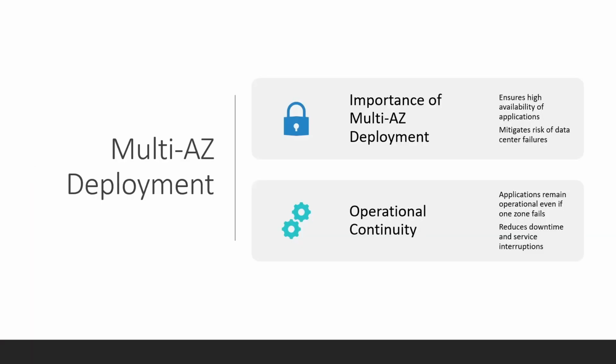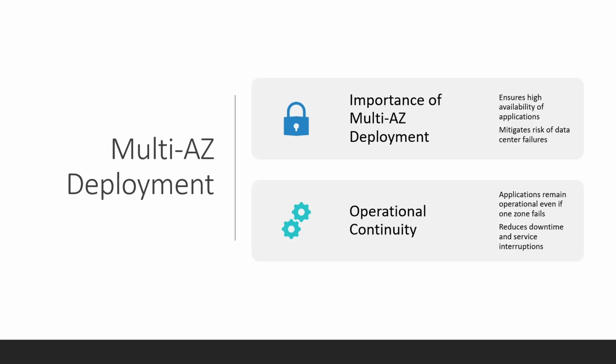So, what are some of the best practices that we can put in place to ensure high availability? The first would be to deploy our resources in multiple availability zones. Now, multi-AZ deployments in AWS are designed to enhance the availability and reliability of applications because they distribute resources across multiple availability zones, which ensures that your applications remain operational even if one availability zone experiences an outage.